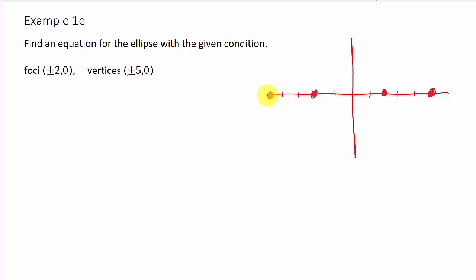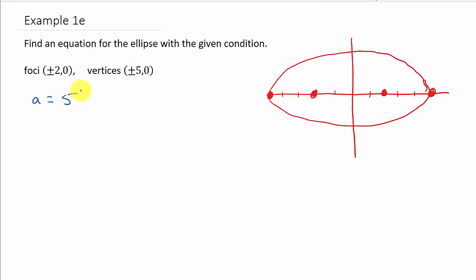So we know it's going to look something like this. We know the major axis is horizontal. So what does that tell us? Since the major axis is horizontal, we know a is equal to 5. That's the distance from the center to the vertices.